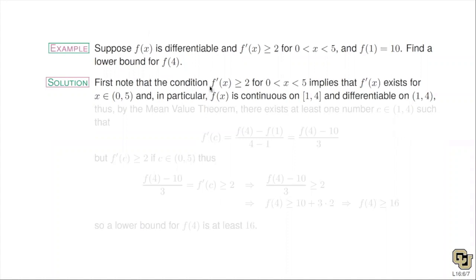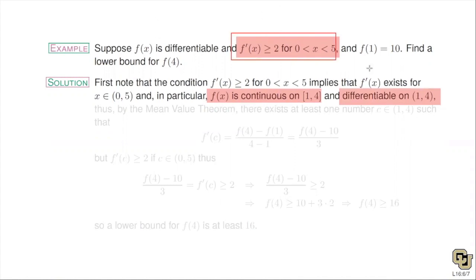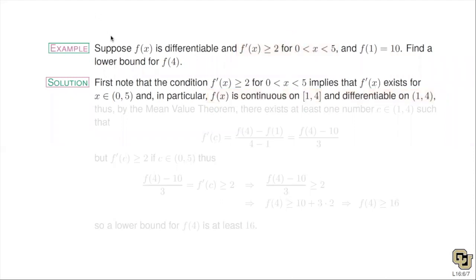Remember that if it's differentiable on 0 to 5, then it'll be differentiable on 1 to 4, and differentiability implies continuity. So we get the continuity and differentiability from this statement about the derivative being greater than or equal to 2 from 0 to 5. So now that I know it's continuous and differentiable, we can use the mean value theorem.